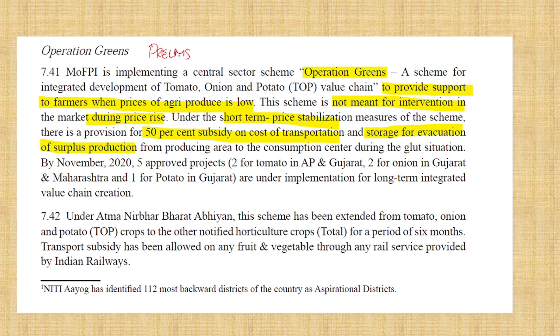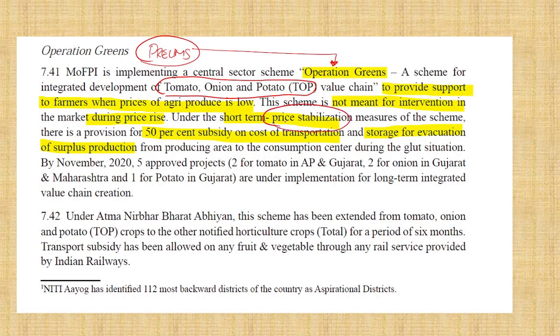And this is a very key prelims question. Please check this: Operation Greens. What does Operation Greens mean? It is a scheme for development. Initially it covered tomato, onion, potato, the top crops. When the price goes low, this scheme helps in price stabilization.